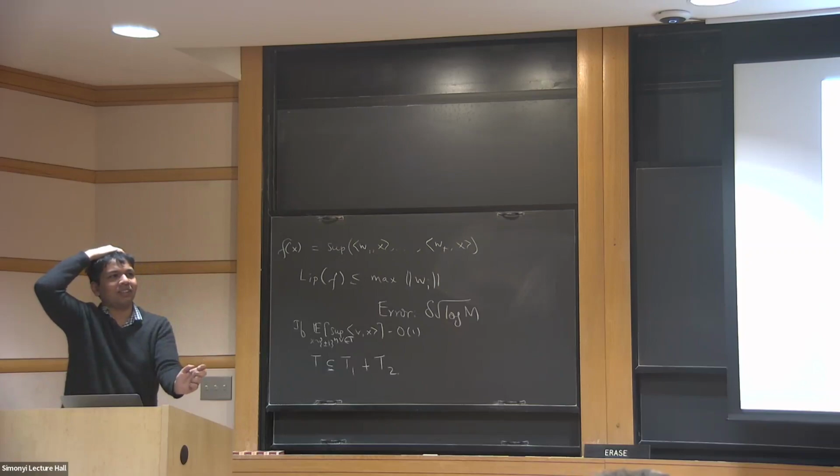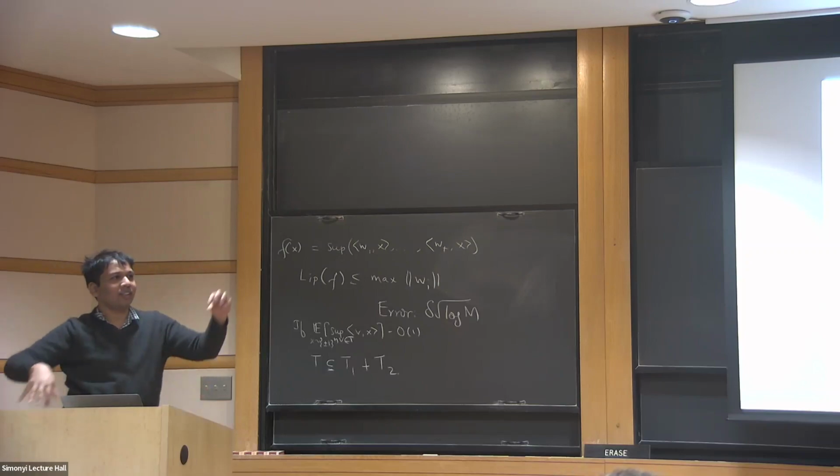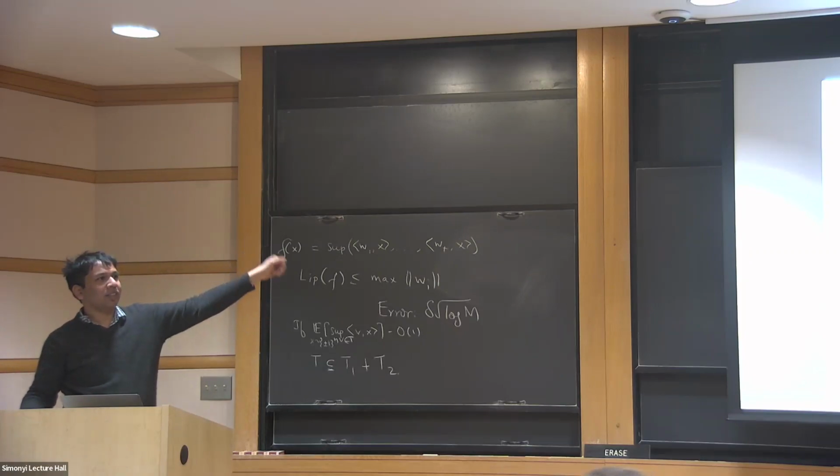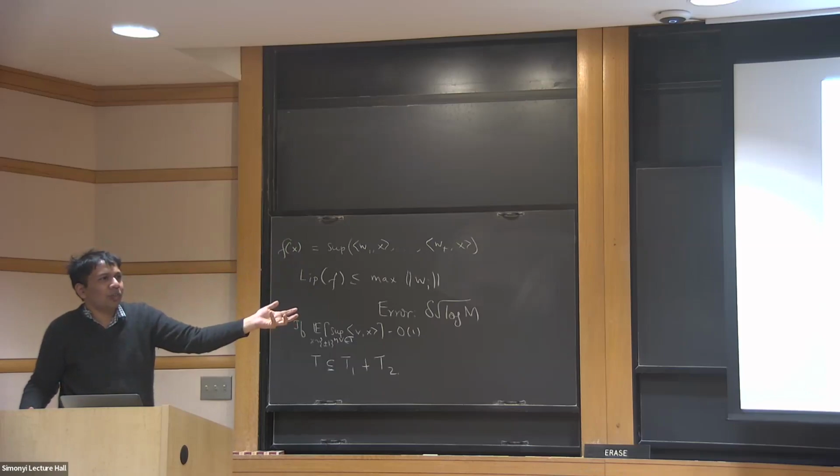That's true. I'm trying to think if there is some correspondence there, that if one can show that the sup of these linear functions is a submodular function. Is it a submodular function? I do not know.